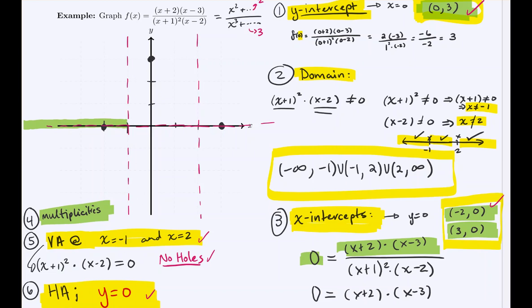That kind of splits us into the values of x before -1, the values of x between -1 and 2 for our next vertical asymptote, and the values of x after +2. Now this is going to help us because this really helps us see that the whole graph can really be split into portions before -1, between -1 and 2, and after 2, just like we're seeing in our domain.